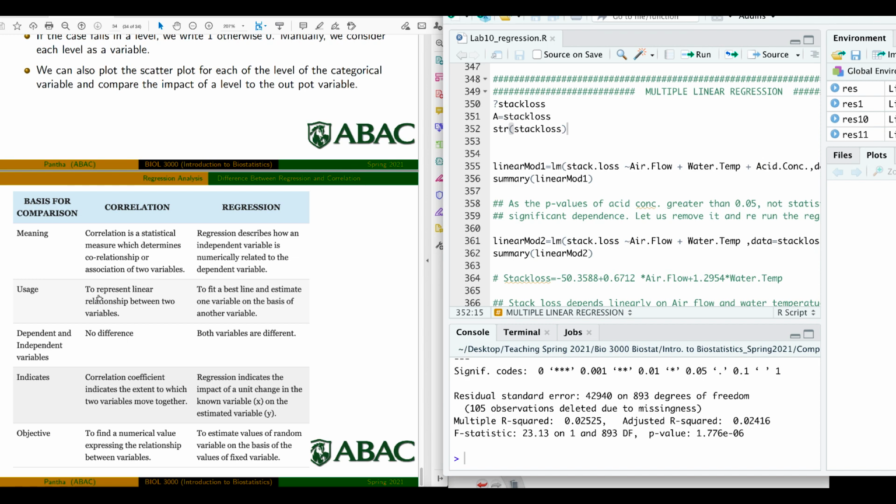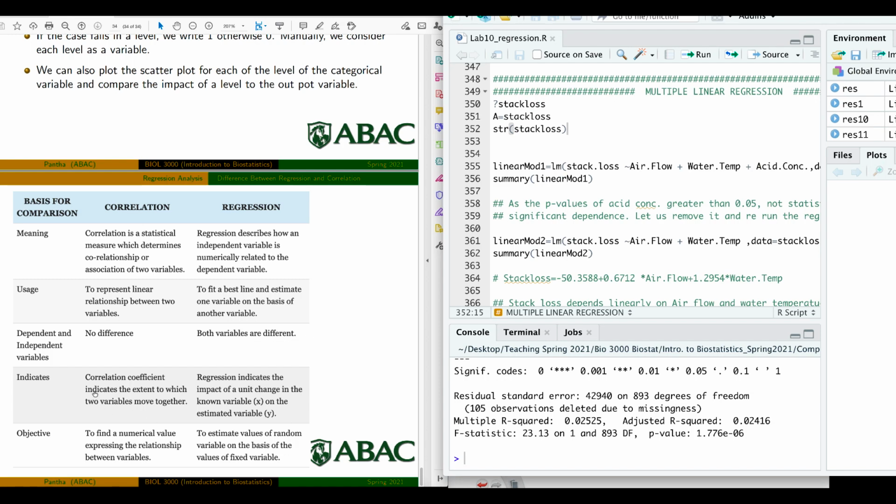The usage is to represent the linear relationship between 2 variables, and regression is used to fit a line and estimate one variable on the basis of another variable. Dependent and independent variable make no difference in the correlation, because if you find the correlation coefficient between X and Y or Y and X, you get the same value. Here in the regression, you get different values. So one should be dependent, the other should be independent. You should figure that out before you do the analysis.